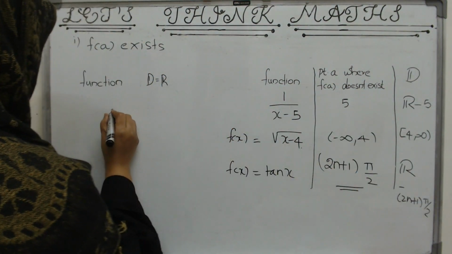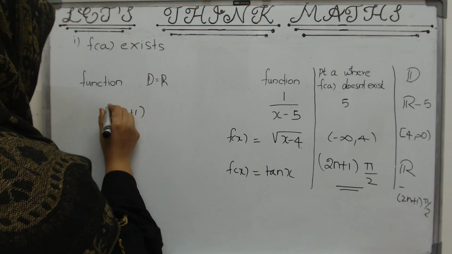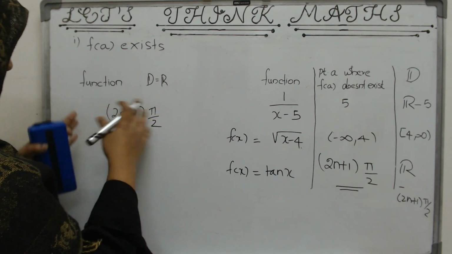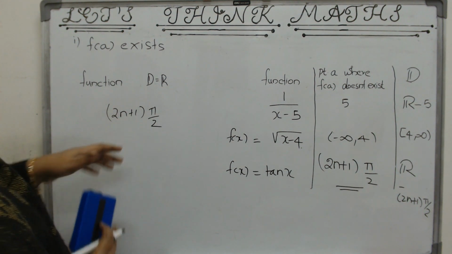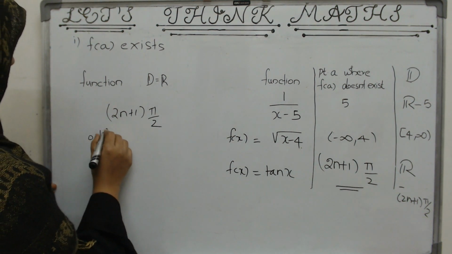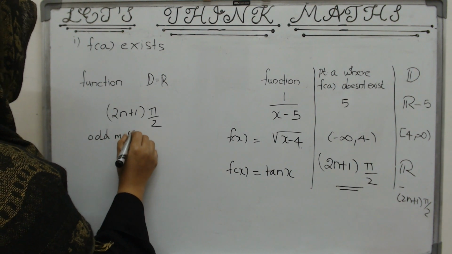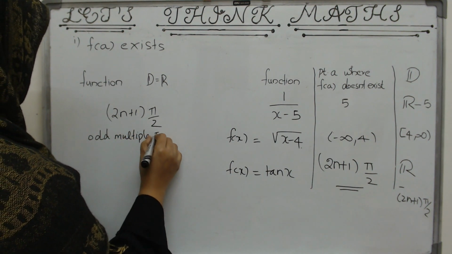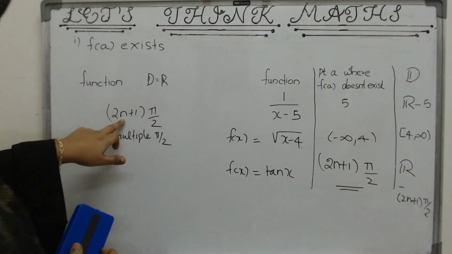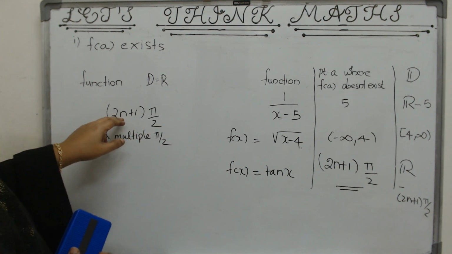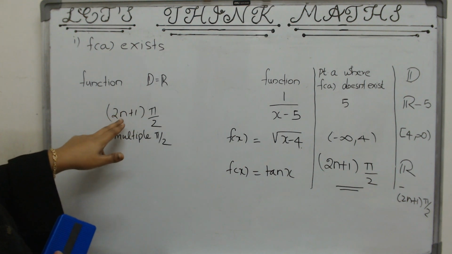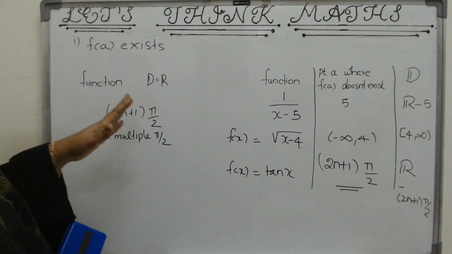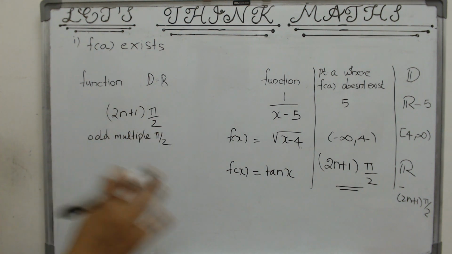Now, when you say (2n plus 1) pi by 2, what does it mean? Don't get worried when you see this. All it means is that we are dealing with only the odd multiples of pi by 2. For example, if you put 0, you will get pi by 2. If you put minus 1, you will get minus pi by 2. If you put plus 1, you will get 3 pi by 2. Only odd multiples.